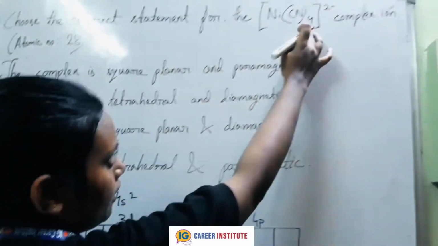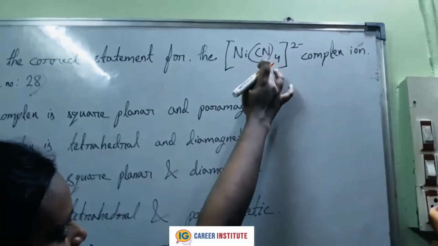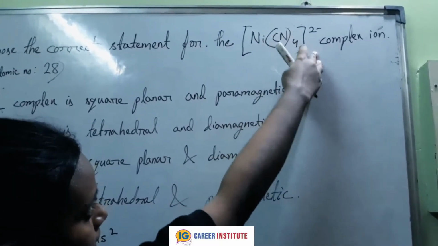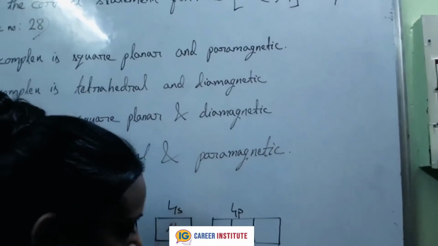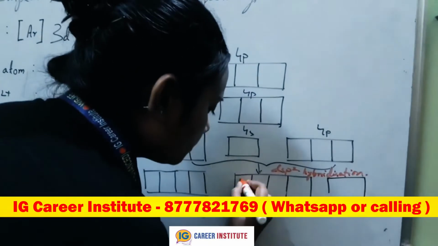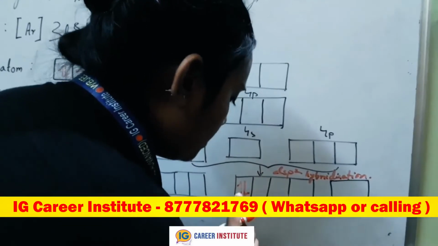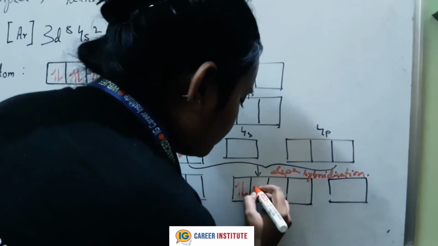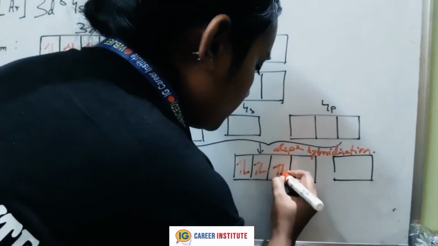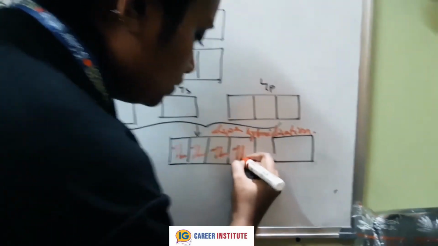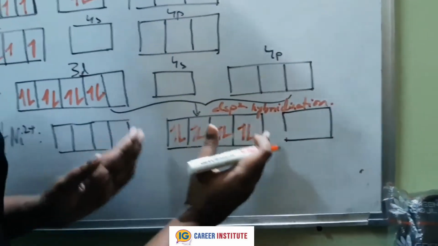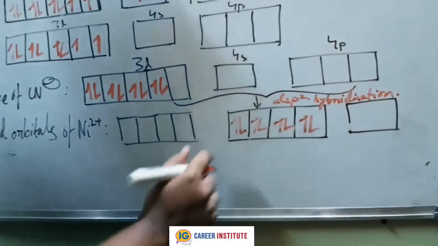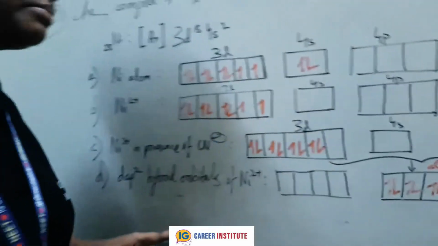See, in this complex there are 4 cyanide ions. Each cyanide ion will contribute 2 electrons. Overall 4 cyanide ions will contribute 4 pairs of electrons. These 4 pairs of electrons will be accommodated in the vacant dsp2 hybrid orbitals created in presence of CN minus ion.